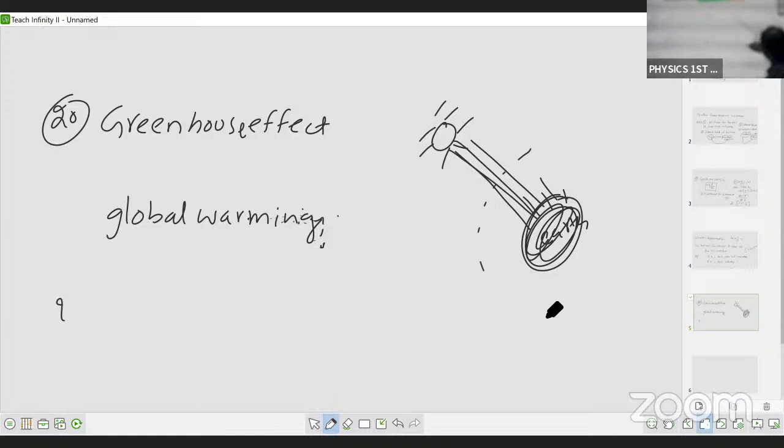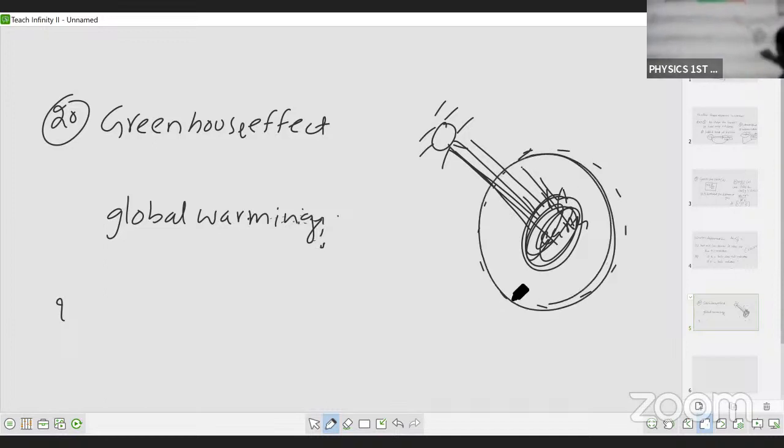Again, gases are there. Greenhouse gases, for example carbon dioxide, absorb radiation from Earth. Sunlight is incident on Earth, Earth absorbs radiation, then radiation comes again, because a good absorber is a good emitter. That's why greenhouse gases absorb radiation coming from Earth and re-radiate. Automatically the average temperature of the Earth's atmosphere increases.